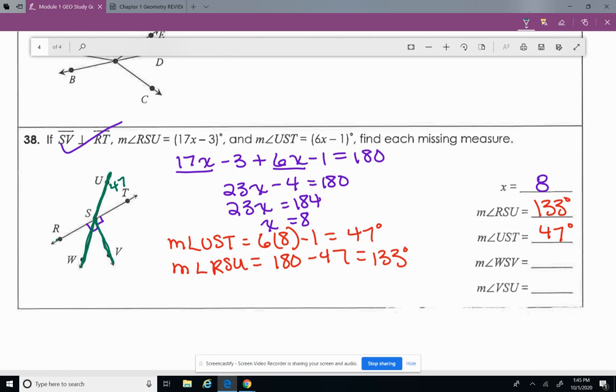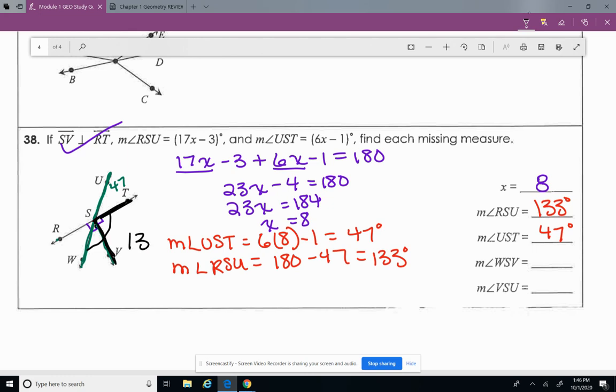And we know, I'm going to use a different color so you know what I'm talking about, that this whole piece here has to be 133 degrees because we already figured out that 180 minus 47 is 133. And we know that this angle right here that I'm coloring in black is 90 degrees.